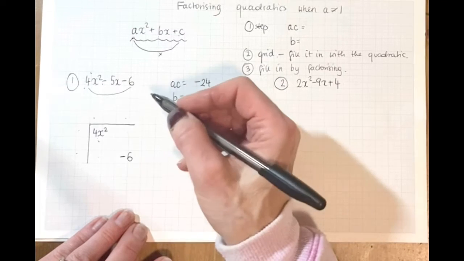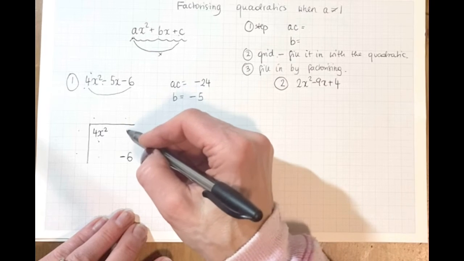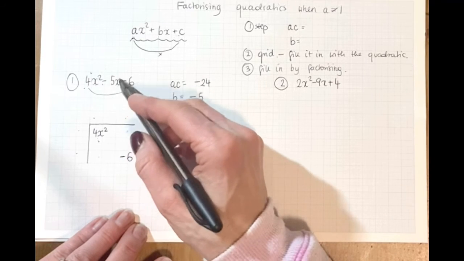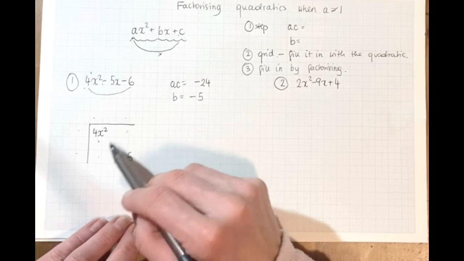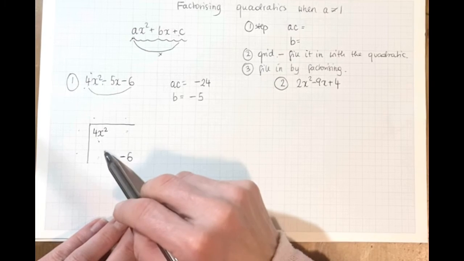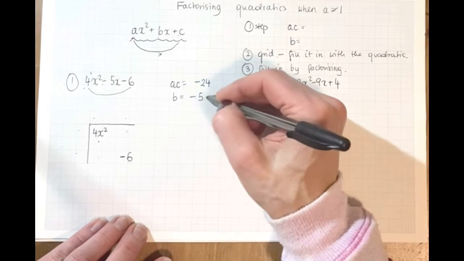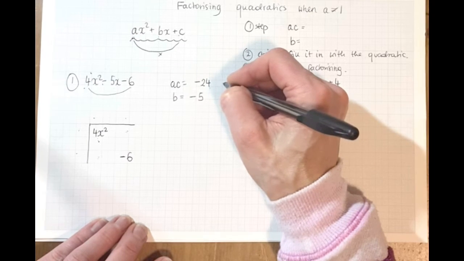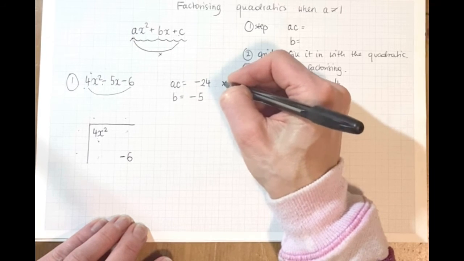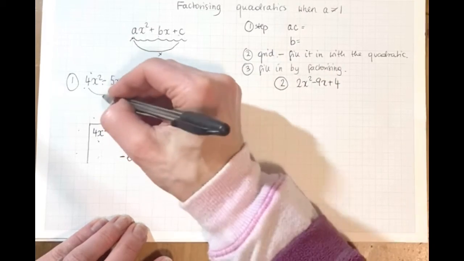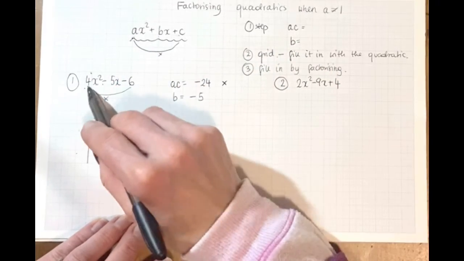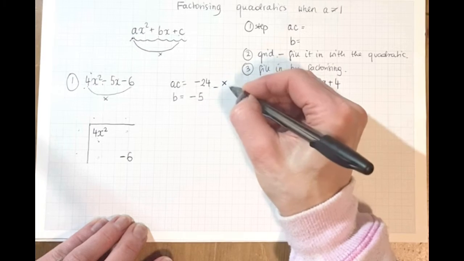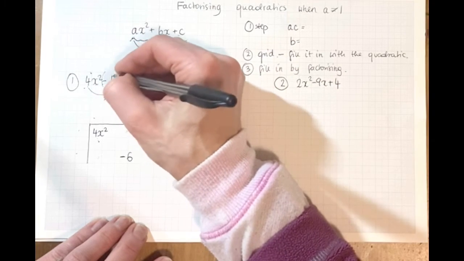Remember, when you multiply out two brackets, you will be adding these two to make the middle term. So we need to work out what these are, and this is how you do it. You're going to look at those two results and think: I want to find two numbers that multiply to give me minus 24, and add to give me minus 5.